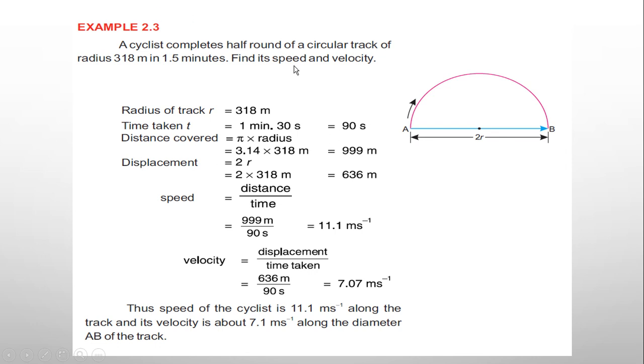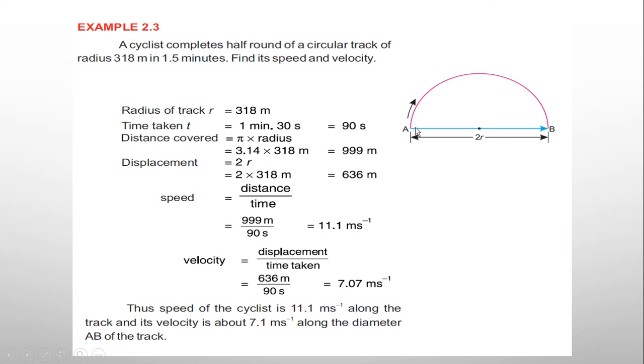So first of all you have to know that to calculate the speed you require distance, and to calculate the velocity you require displacement. By definition, distance is the total length of the path.